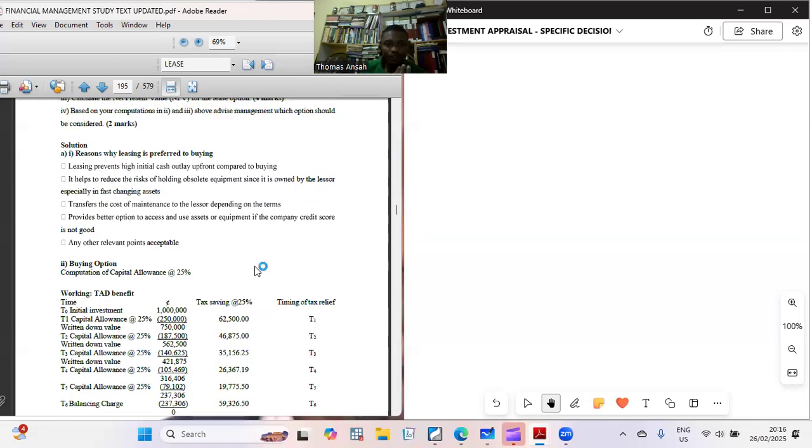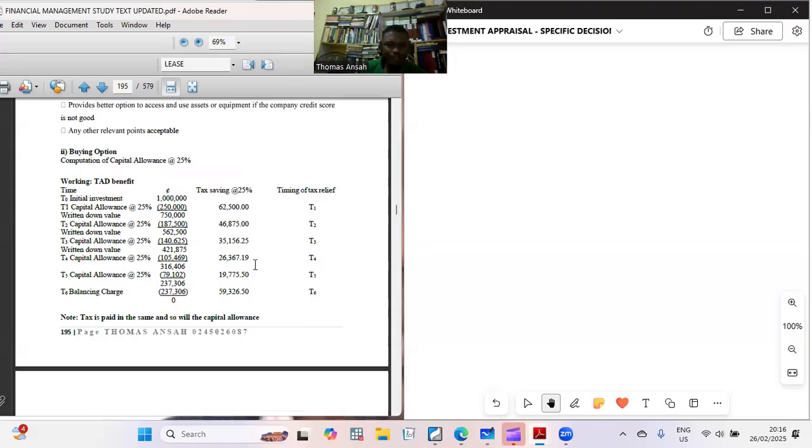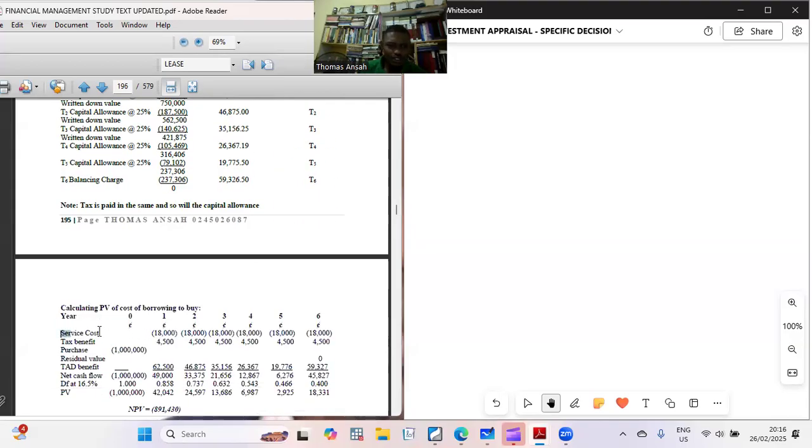And remember, when you are doing capex for these things, this will be a loss for you because that is the only expenditure. I told you that we don't do income. This will be a loss, and since that is a loss, you will have a tax benefit for that one. My guess is that in this question, you were told that the tax is paid in the same year.